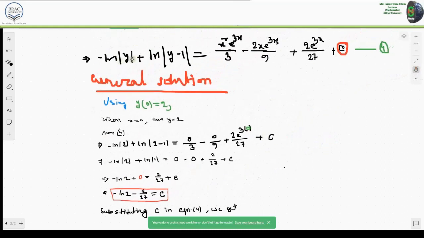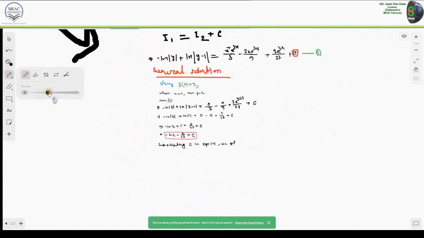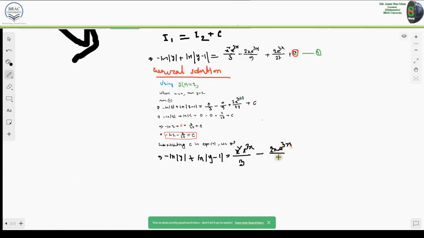So we are getting negative natural logarithm of absolute value of y plus natural logarithm of absolute value of y negative 1 equal to x squared e to the power 3x over 3 negative 2x e to the power 3x by 9 plus 2 e to the power 3x over 27 plus the constant will be replaced here, that is negative ln 2, negative 2 over 27.